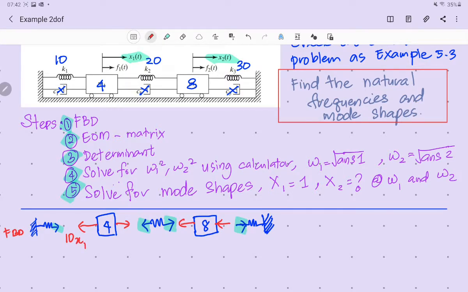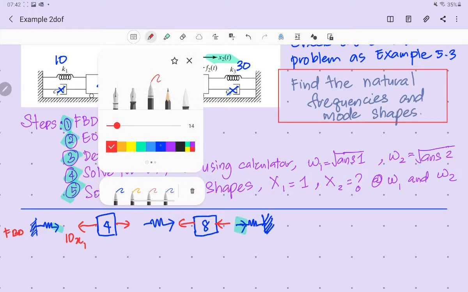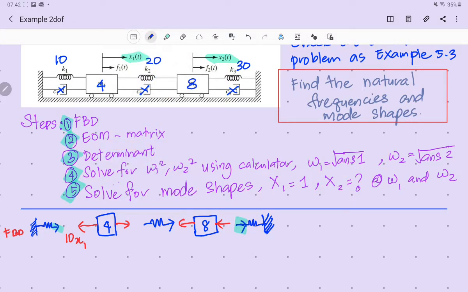Okay, so what about these forces? You can see that if you take a look at this force, this arrowhead here is to the left, but x1 is to the right.